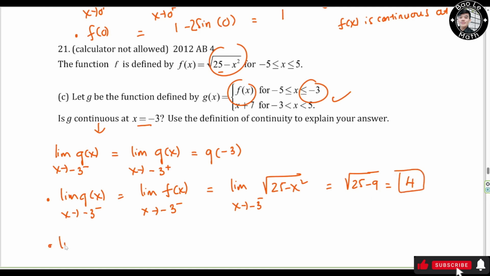Now, the limit of the function g of s when s approaches -3 plus. So we're going to pick this piece right here, right? So it's the limit of s plus 7 when s approaches -3 plus. Substitute -3 for s, it's 4, right? Now we need to check g of -3, right?